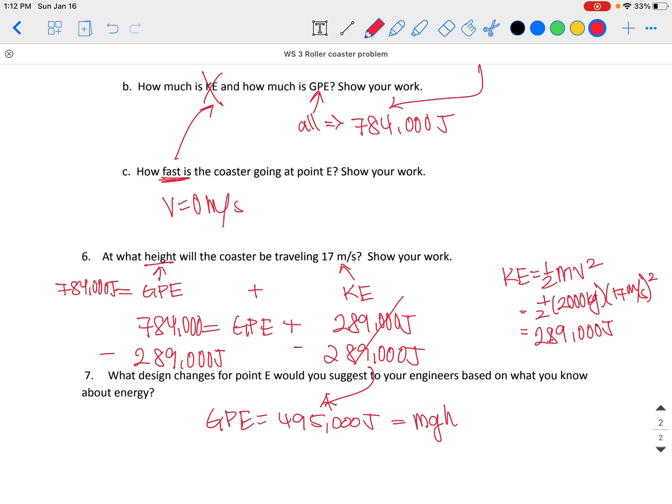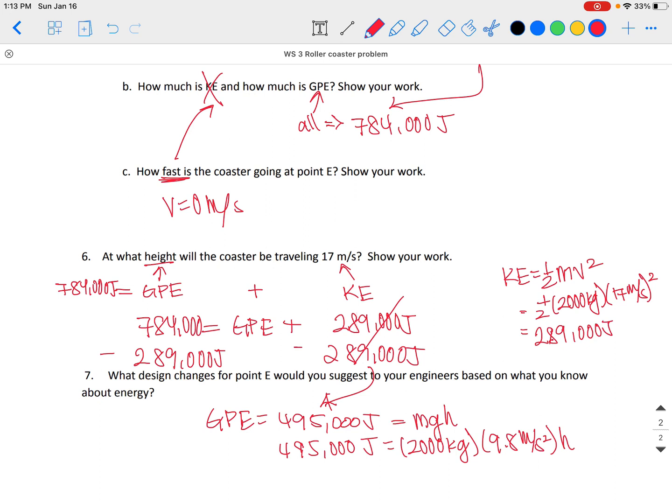So I'm just going to plug in our values. Mass is 2,000 kilograms. Gravity is 9.8 meters per second squared. Height is our unknown.